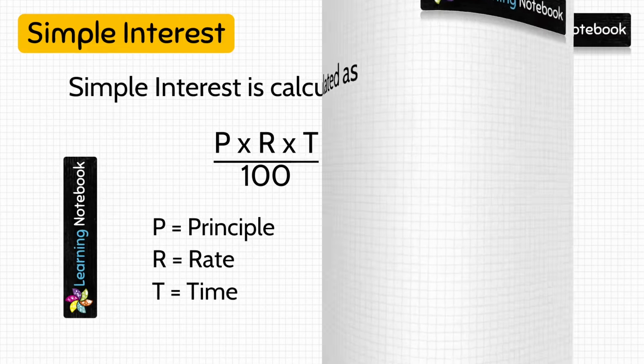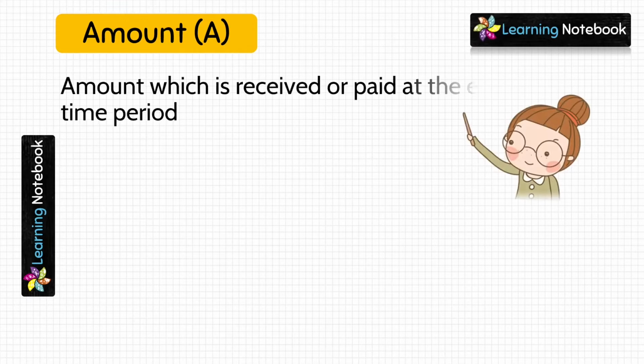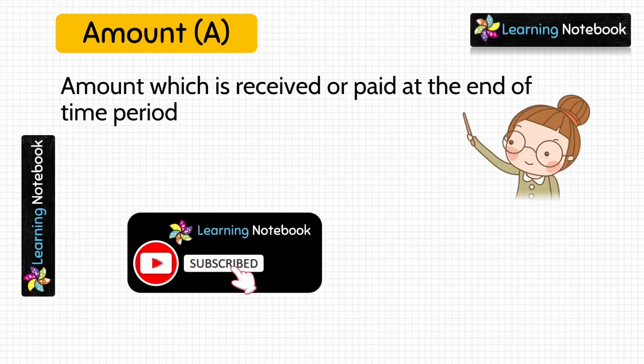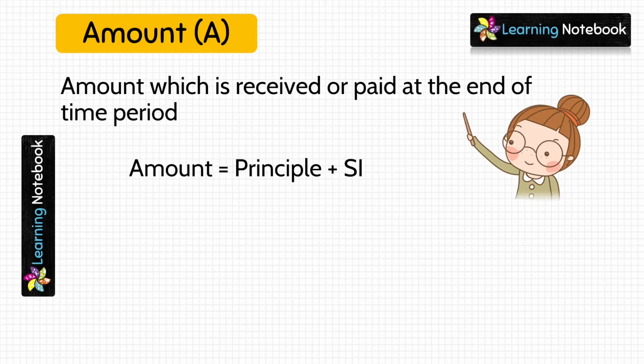Next, we need to understand amount, which is denoted by capital A. Amount is the money which is received or paid at the end of the time period. So if we have calculated simple interest, then we can easily calculate the amount, which equals principal plus simple interest.